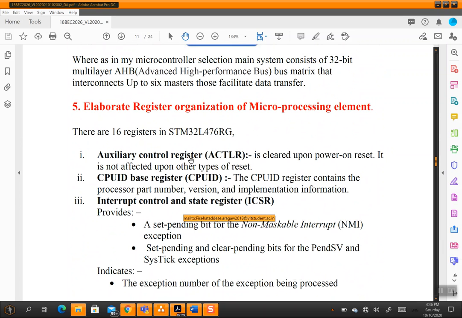For instance, the auxiliary control register is cleared upon a power reset and is not affected by other types of reset. It's explained with its operation. The CPUID base register contains the processor part number, version, and implementation information.